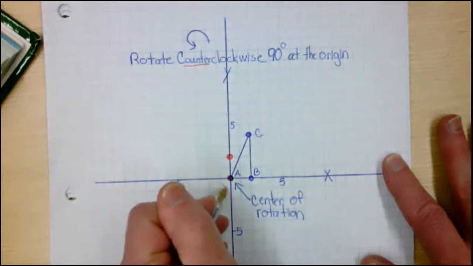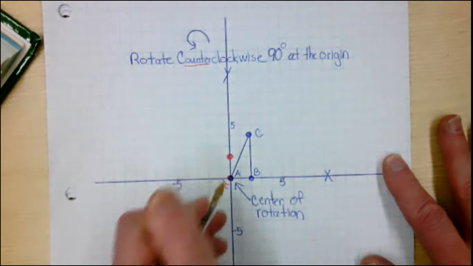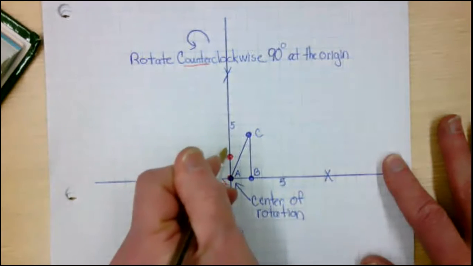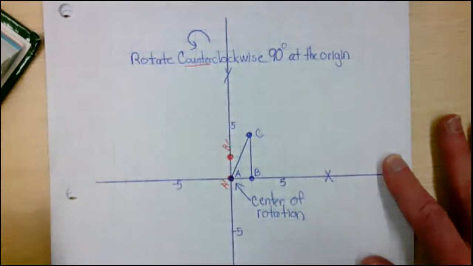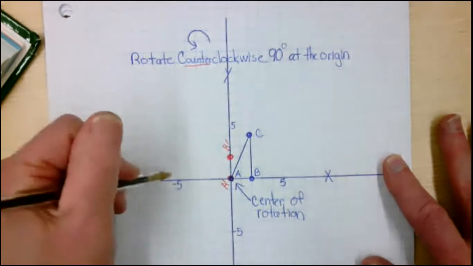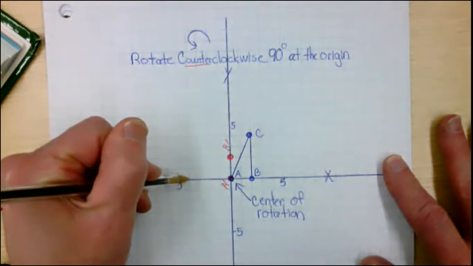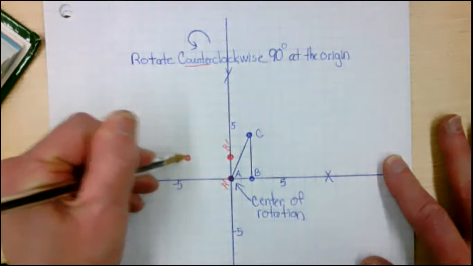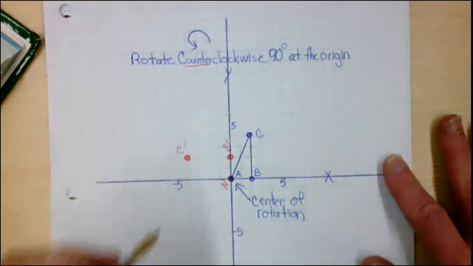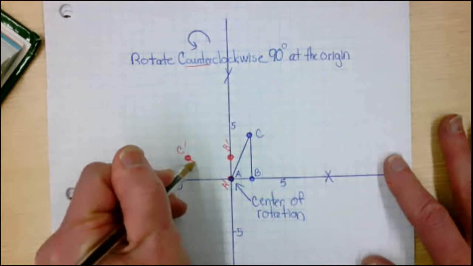It's going to stay in the same spot because we're rotating it about the origin. This will become B prime, and this will become C prime. And then we connect our dots.